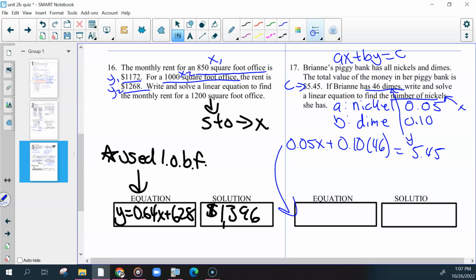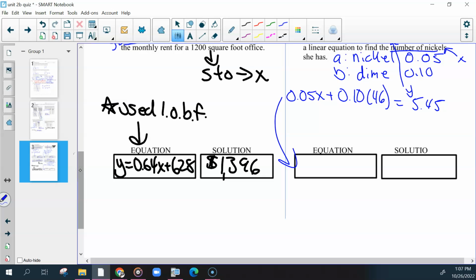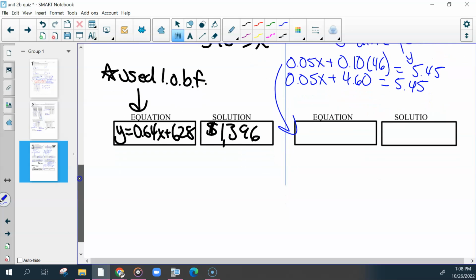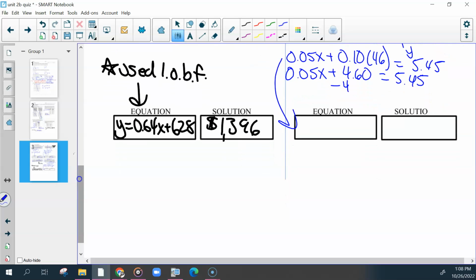And then we can solve. Be careful with your equation. Some of you were putting 10 instead of 0.10, which made you get hundreds instead of decimals. You got weird. Same thing with 0.05. Some of you were putting just 0.5, so double check those. As we're solving, make sure you're not losing your decimals.